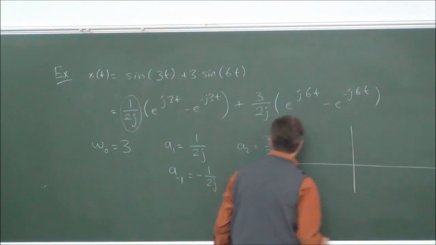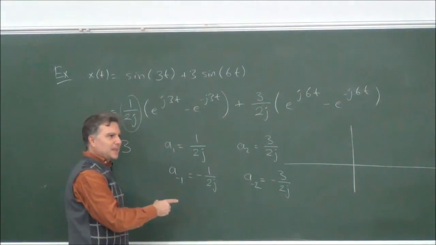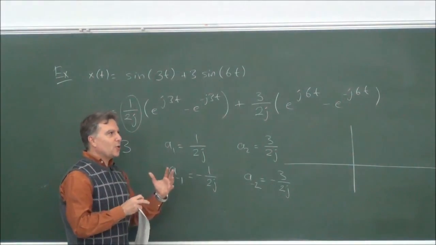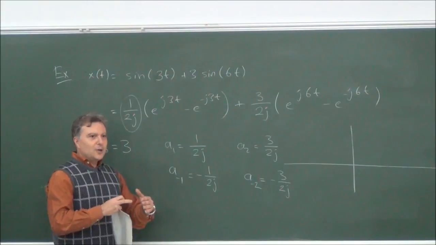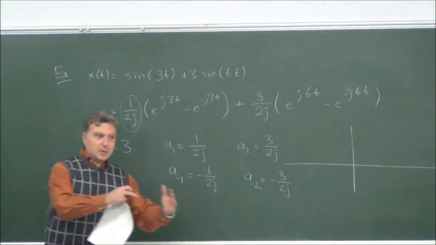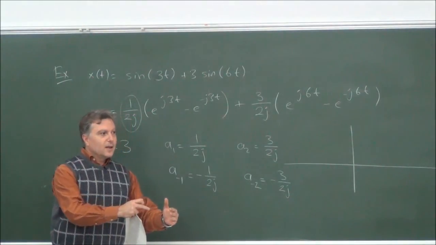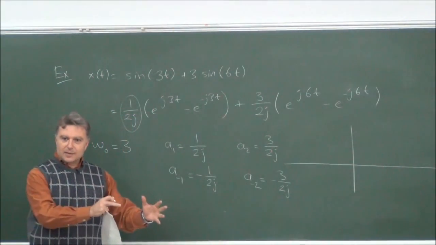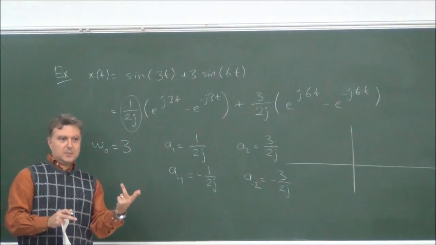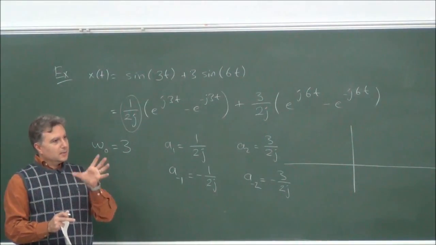Since everything is just multiples of j, this is still quite simple. For other things, it's impossible to draw a function with a complex value. You can draw it in several ways. You can draw the real part and the imaginary part, or the magnitude and the angle. Every complex number has these two properties, the real part and the imaginary part, and the magnitude and the angle.